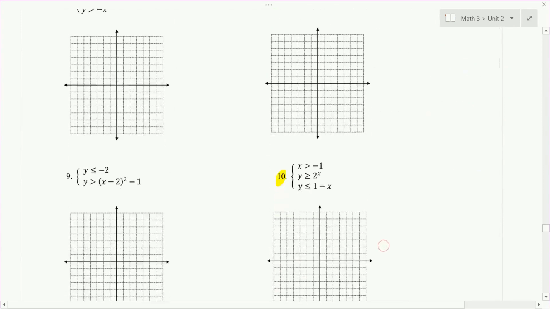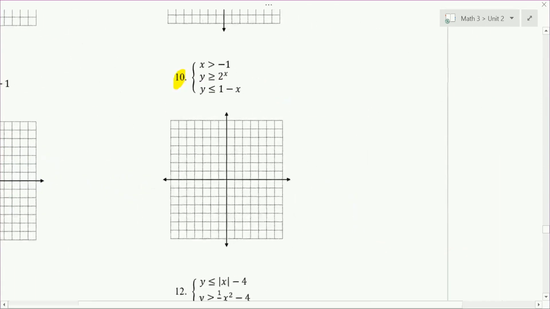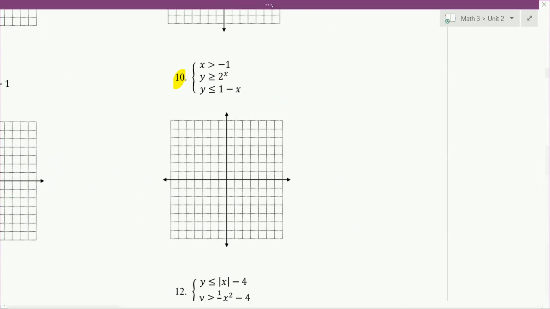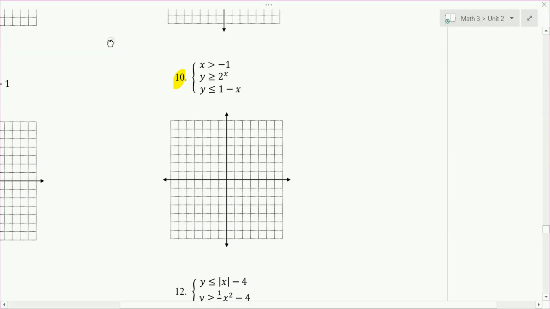Let's now take a look at number 10. Number 10, we have the same kind of thing here, except we have 3 graphs to consider. So first of all, x greater than negative 1.